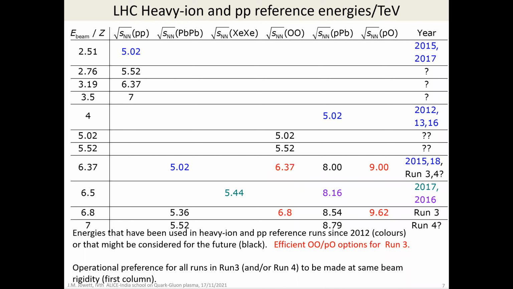So the energies are chosen in heavy ion operation ultimately to provide comparisons with the experiments, although in some cases, for example, proton lead in 2016, one also went to the maximum possible energy where you see some effects better in operation. And of course, the luminosity is higher at high energy.